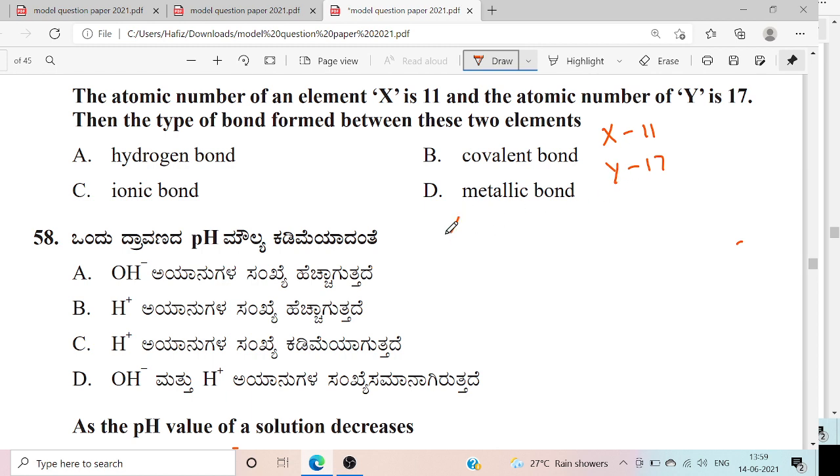For that you will have to first write the electronic configuration, children. X with atomic number 11 has an electronic configuration of 1s2, 2s2, 2p6, 3s1. Y with atomic number 17 has an electronic configuration of 1s2, 2s2, 2p6, 3s2, 3p5.